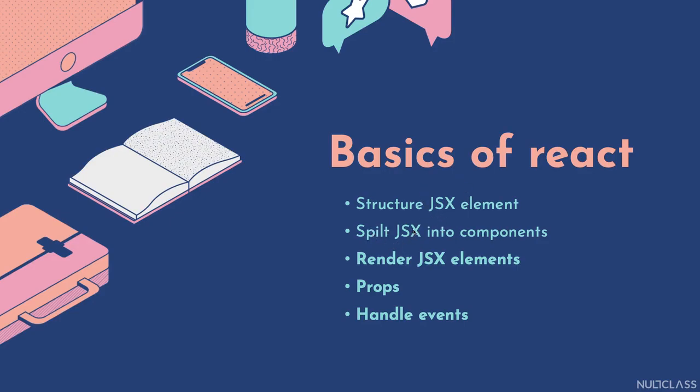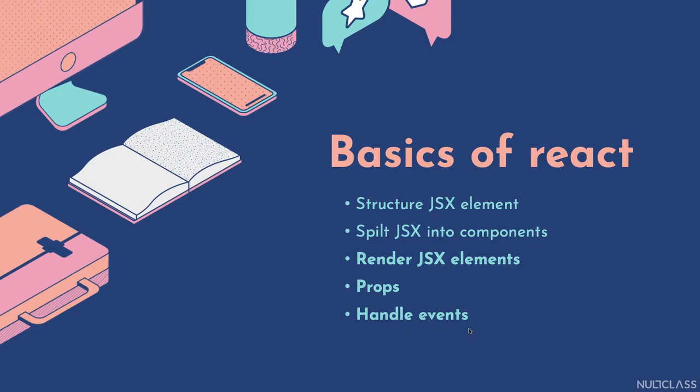And then you need to know how to split JSX into components as well. You need to know how the JSX elements are rendered, which I have taught earlier in this lecture. I told you about this in the index.js file, how the app component is rendered, and the props, which are nothing but the parameters of the components, as well as event handlers.